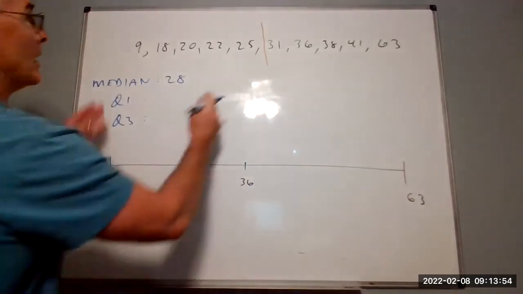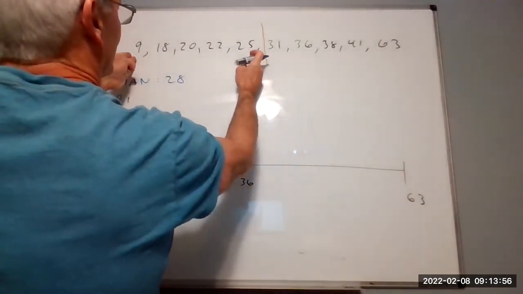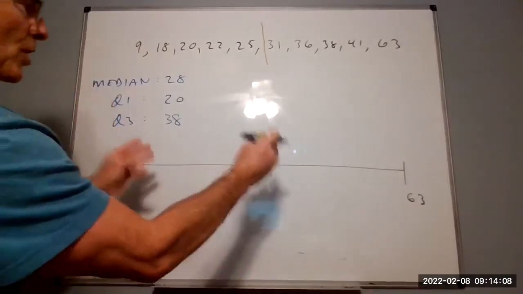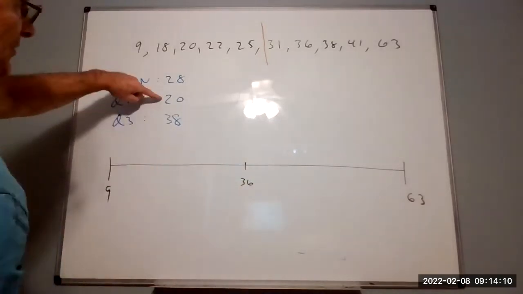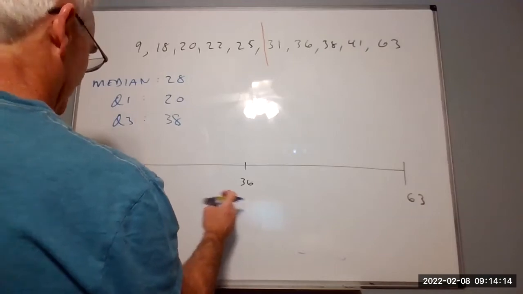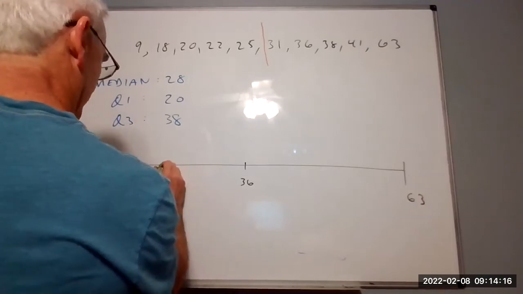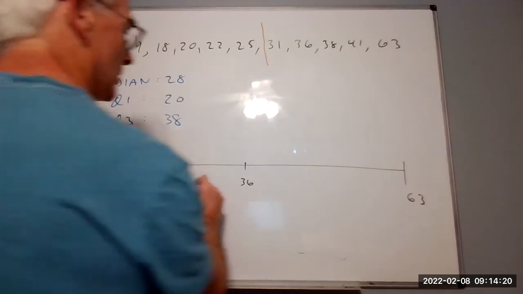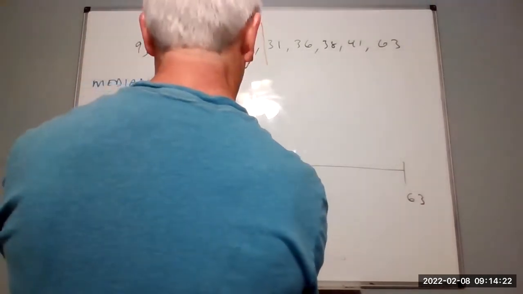Now, Q1. It's 20. Beautiful. Q3. 38. Okay. So what goes in my box plot? That's the left, that's the right, but I kind of like it to scale. So 20 is probably about there, do the best I can. 38 is only a little past this guy.